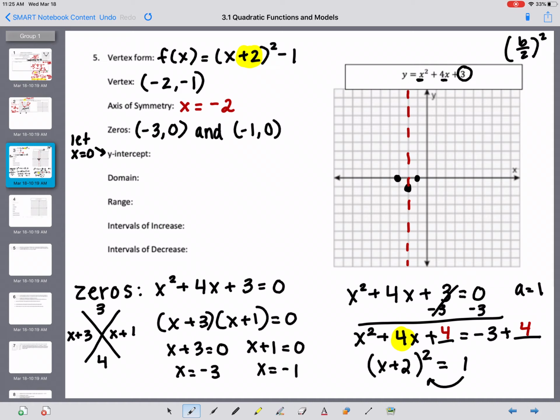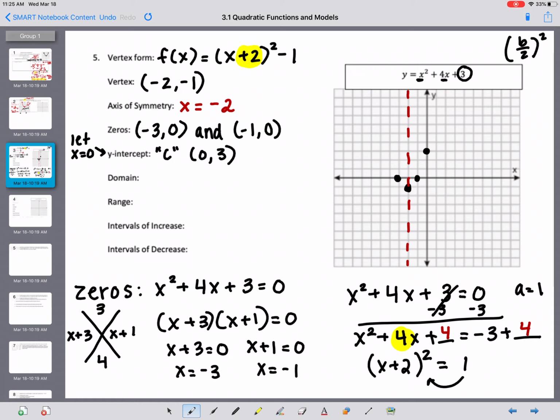So my y-intercept is also my c value in my standard form. And it's a point. So my x is 0, my y is 3. So 0, 3.